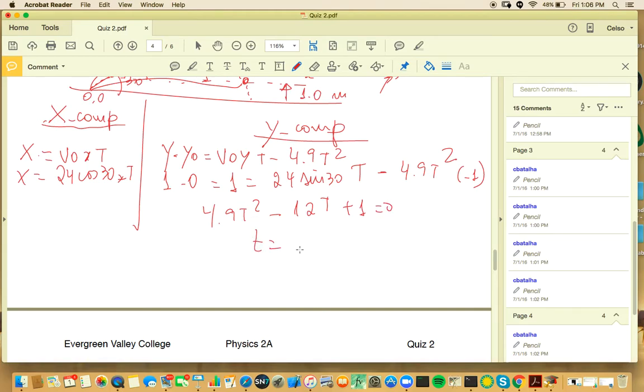So t is equal 12 plus or minus square root of 144 minus 4 times 4.9 times 1, divided by 9.8, which is 2a. So this is square root of. So let me calculate this. I don't have a calculator here, do I?